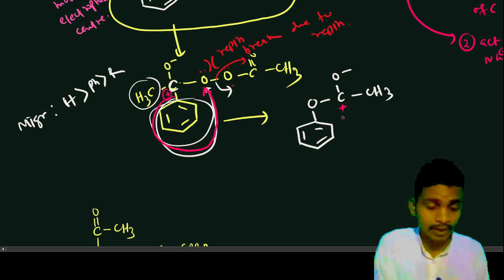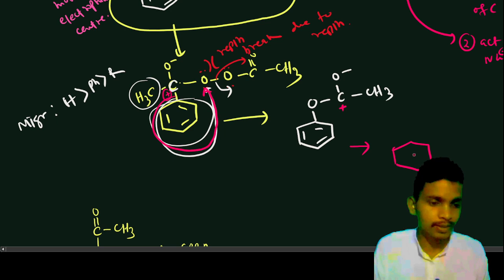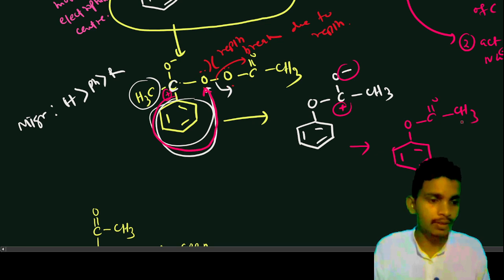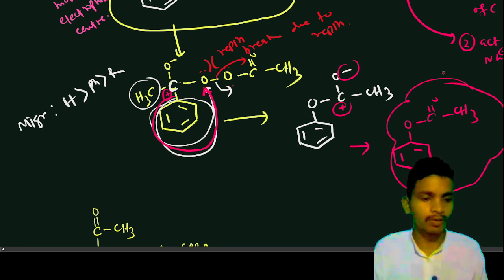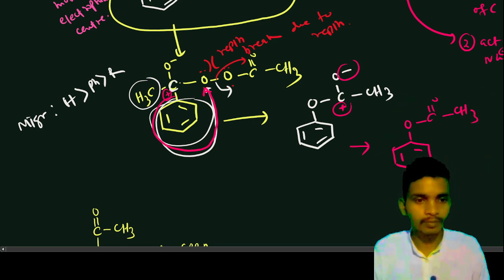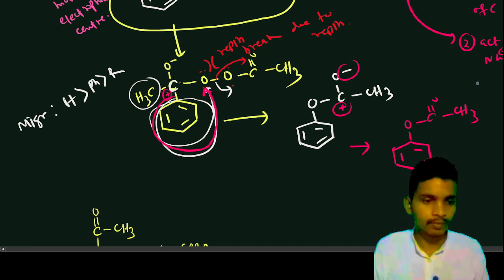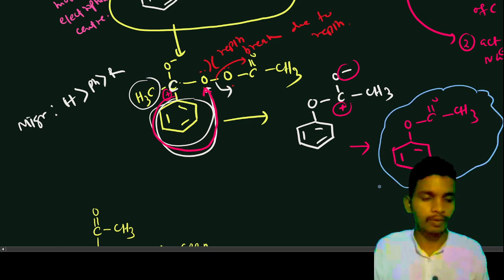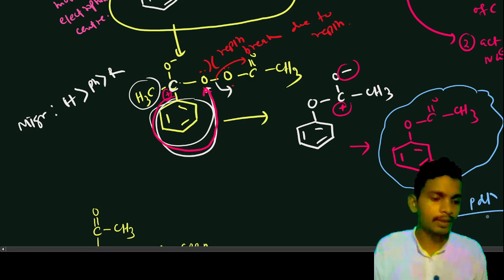So this carbon will get positive charge, and this negative and positive will make a bond. So you are going to get this as the final product, because positive and negative make a bond. So this is the mechanism of the reaction.